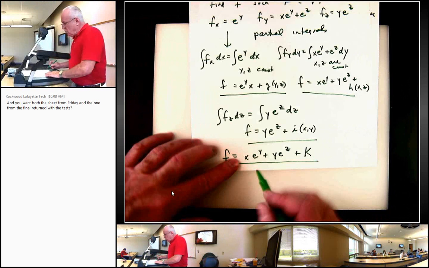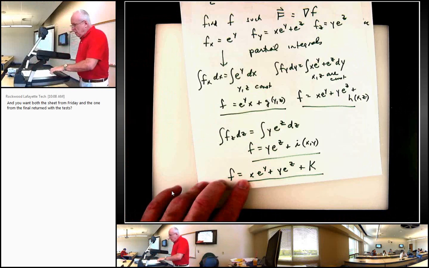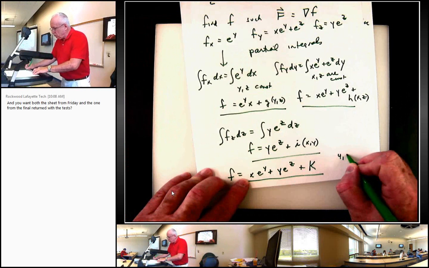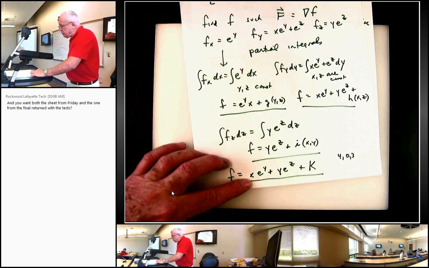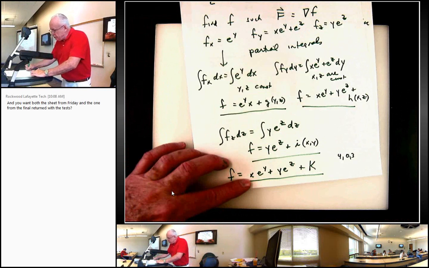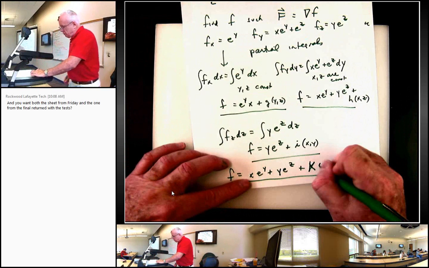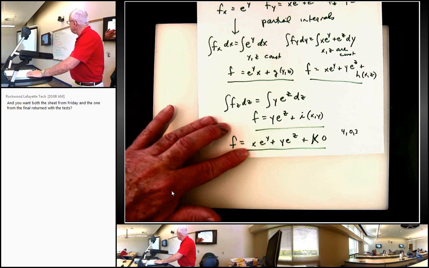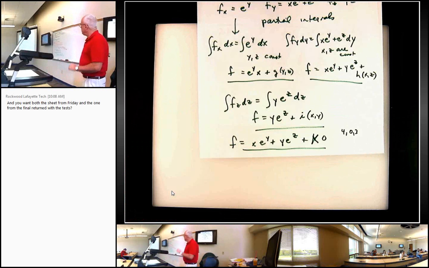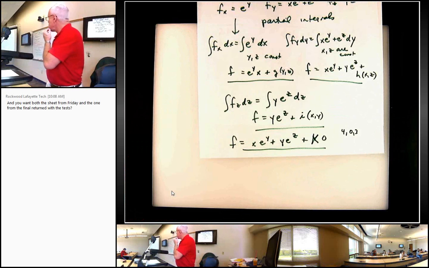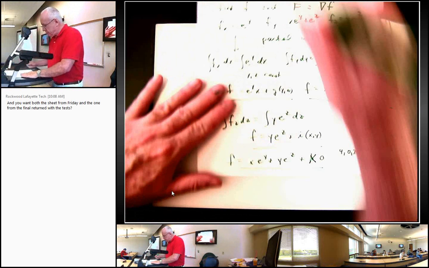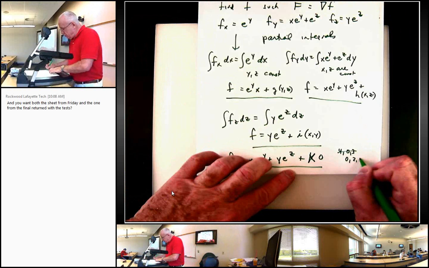So let's see, for 4, 0, 3, what do we end up getting here? E to the 0 is just going to be a 1. For this one, what value do we get when we plug in 4, 0, and 3? Now we just get 4 minus... And now let's plug in 0, 2, 0.